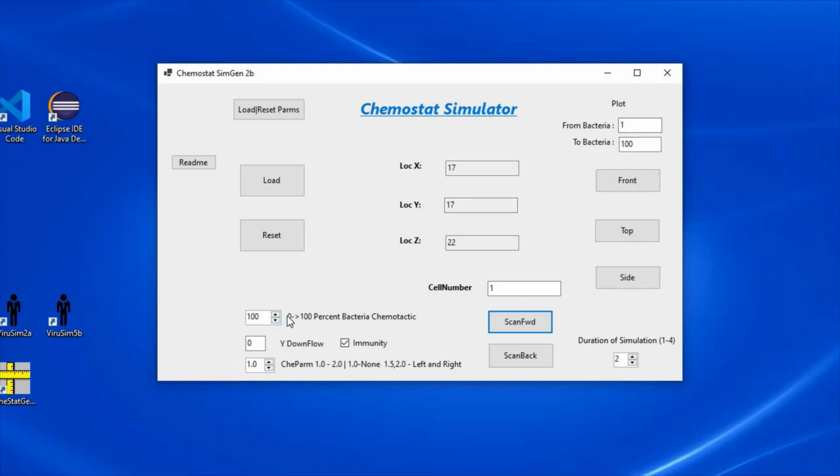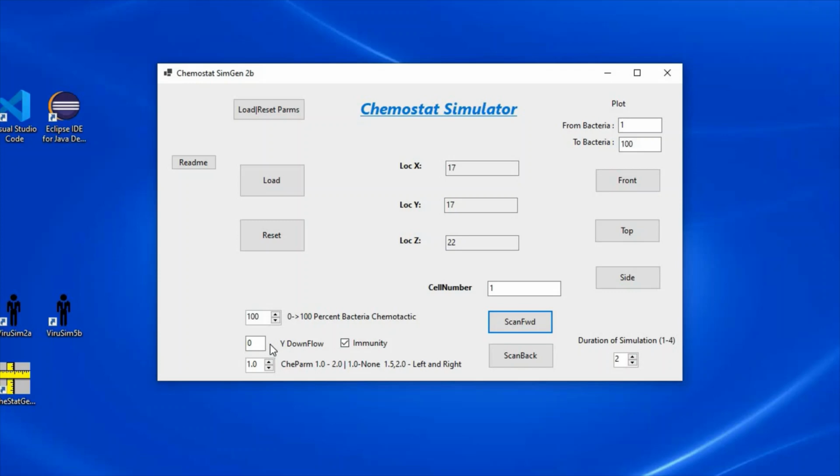Then on the left here, we have the percent of the bacteria which are chemotactic. That means that the bacteria, from 100% of them all the way down to none of them, are chemotactic. Either that or they just swim about naturally without any chemotactic attraction to the side of the intestine.